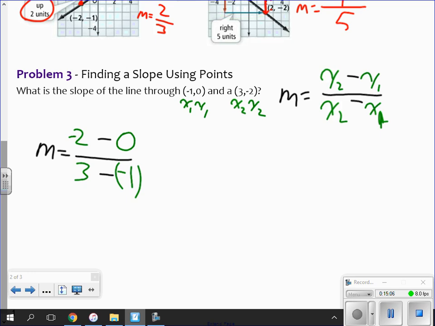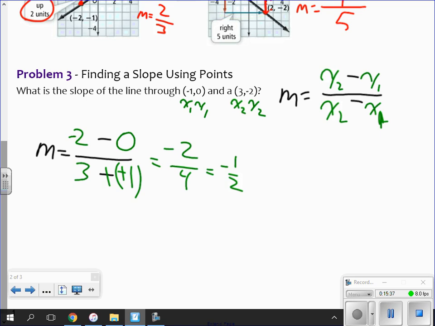And then you simplify. -2 minus 0, well, anything minus 0 is just what you started with. 3 minus -1, remember when you're subtracting a negative, make it addition. 3 plus 1 gives me 4. And then what do you always try to do to fractions? Always reduce. So my slope would be -1/2.